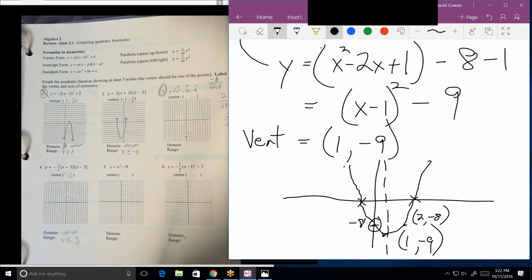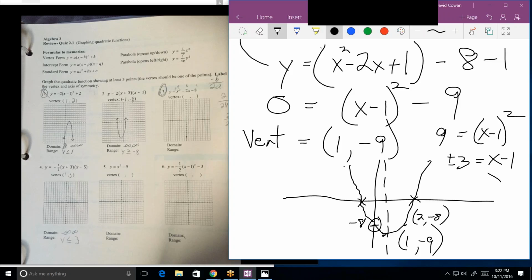So let's say we wanted to find these 2 x-intercepts. I'm going to plug in 0 for y and solve that. It solves pretty easily. I get 9 equals (x - 1) squared. Take the square root of both sides: plus or minus 3 equals x - 1.